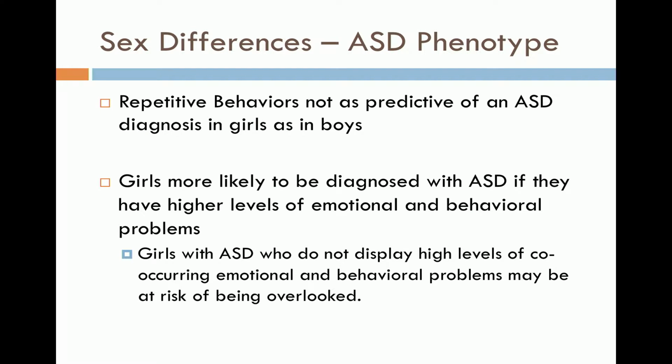What this means is that repetitive behaviors are not as predictive of an autism spectrum disorder in girls compared to boys, whereas girls are more likely to be diagnosed with an autism spectrum disorder if they have higher levels of emotional and behavioral problems. So girls with an autism spectrum disorder who do not display high levels of co-occurring emotional and behavioral problems may often be at risk of being overlooked.